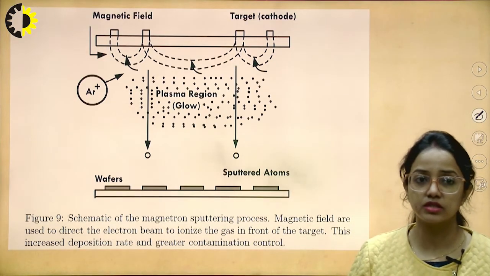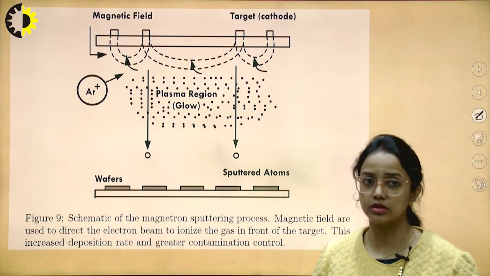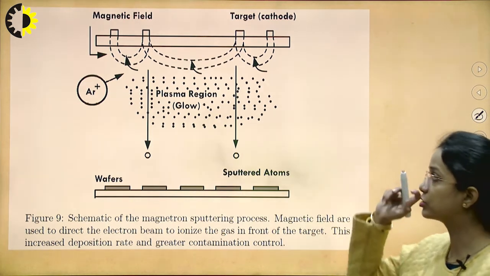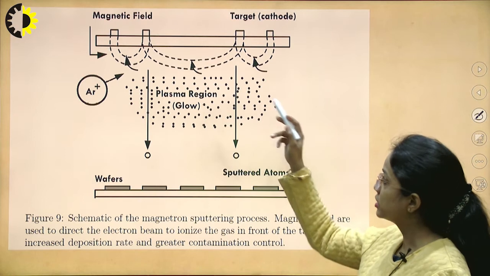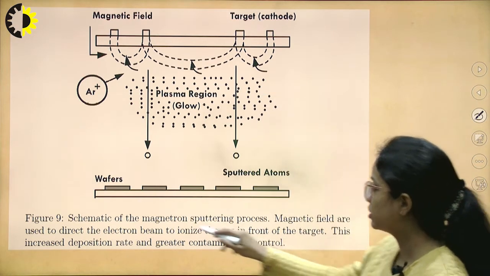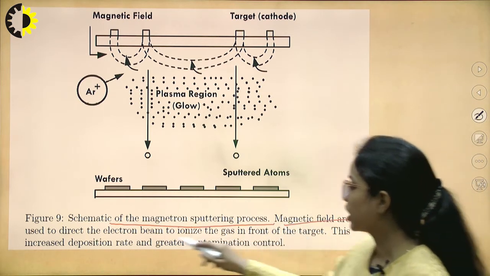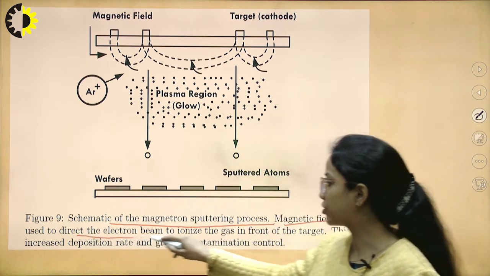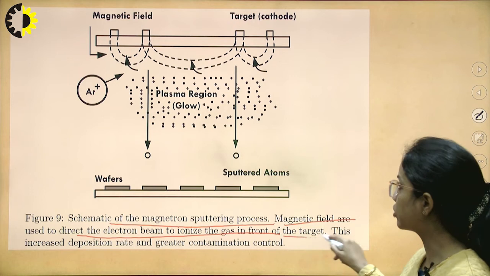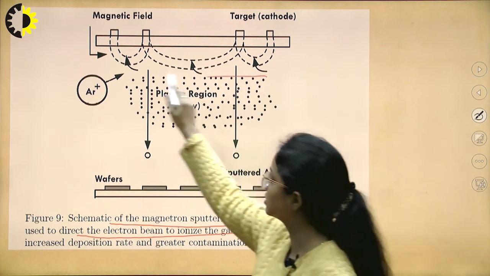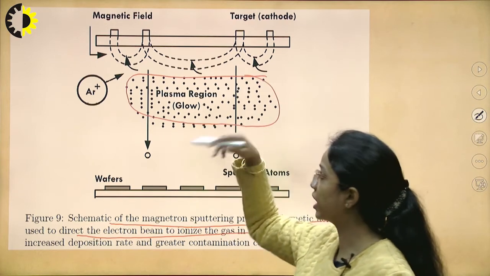Another one we can see is the magnetron sputtering process. In this process, we have a magnetic field at the top, and we can see the schematic of the magnetron sputtering process. Magnetic fields are used to direct the electron beam to ionize the gas in front of the target. Now what is happening? We have this plasma and this target.